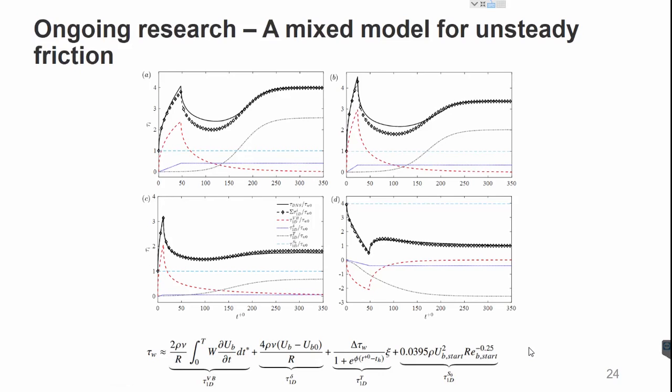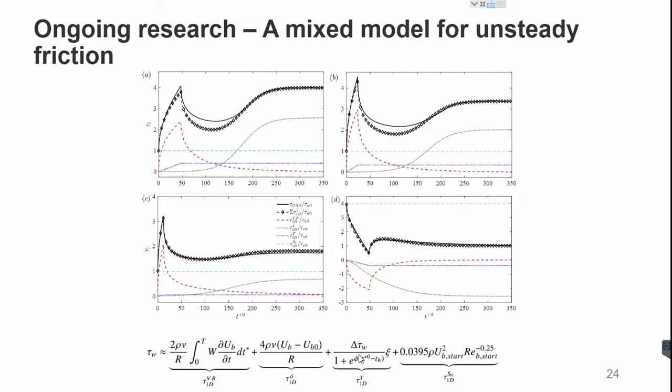It's important to mention that this model is good right now for rapidly accelerating or rapidly decelerating flows. Probably some of the constants we have in this term need to be tuned a little bit more as we get more DNS data sets.